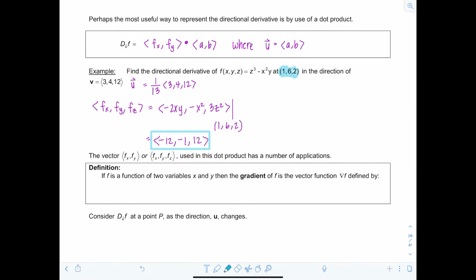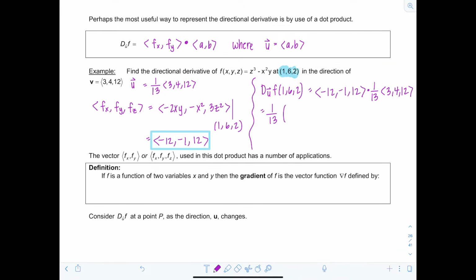And now I'm ready to find my directional derivative. I didn't distribute that 13 on purpose because watch, it's going to be so nice right now. The directional derivative of f at (1, 6, 2) in the direction of u is given by the dot product of (negative 12, negative 1, 12) with 1 over 13 times (3, 4, 12). That 1 over 13, I can just pull outside of the dot product.